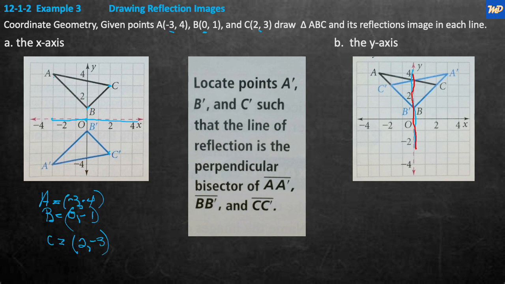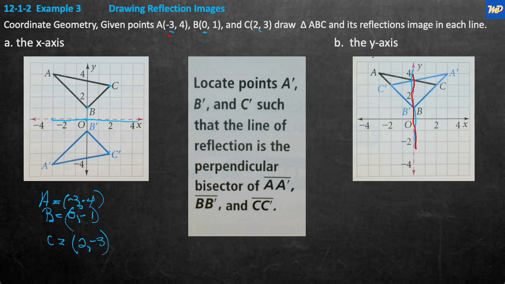So now what's changed is the x. Where previously the Y changed, now the x is changing. When you look at B, B goes nowhere. It's on the line of symmetry. And that's it. If it's on the line of symmetry, you do nothing with it. It stays the same. B equals B prime.